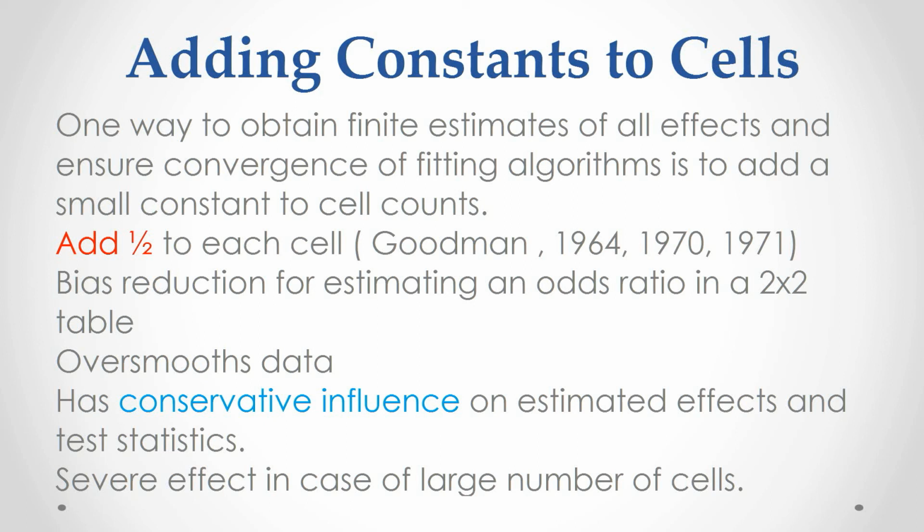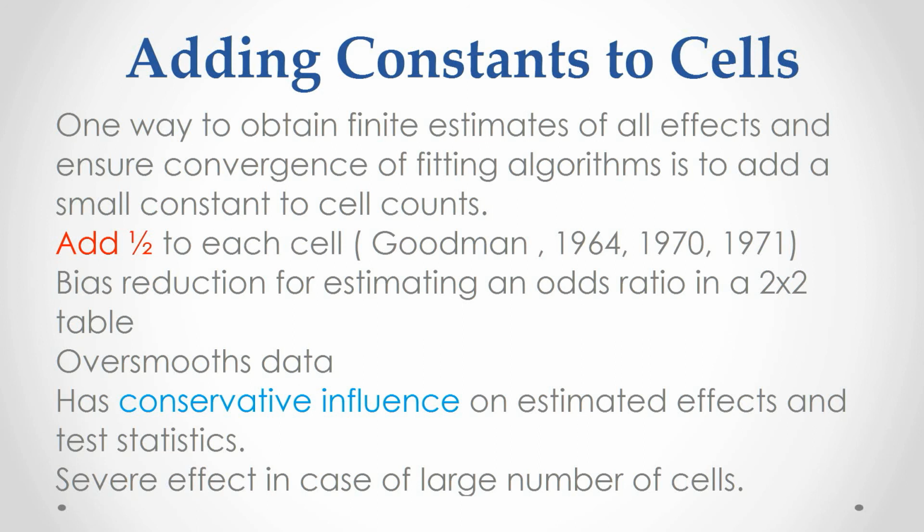More often than not, this constant is half. This can be shown to lead to bias reduction for estimating odds ratios in a 2x2 table, and the details have been worked out by Gart in 1966 and Gart and Zweifel in 1967.